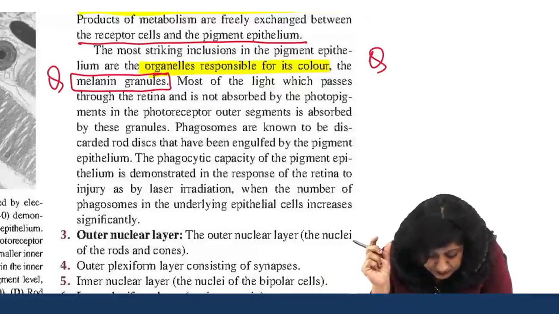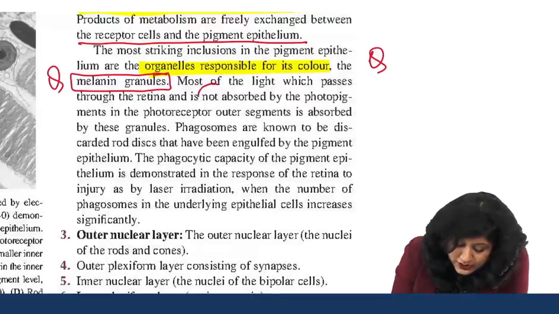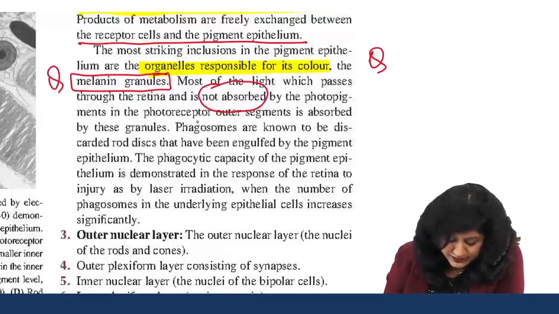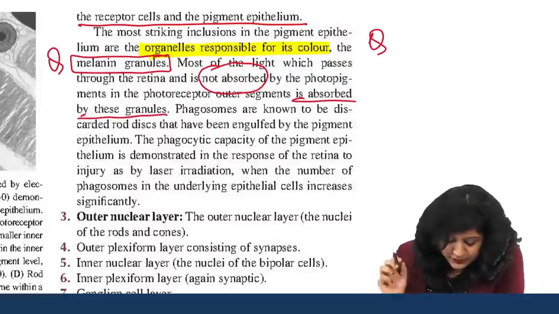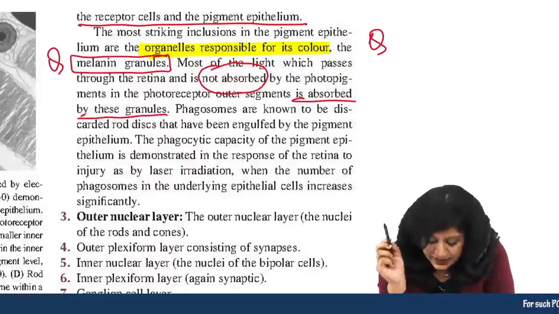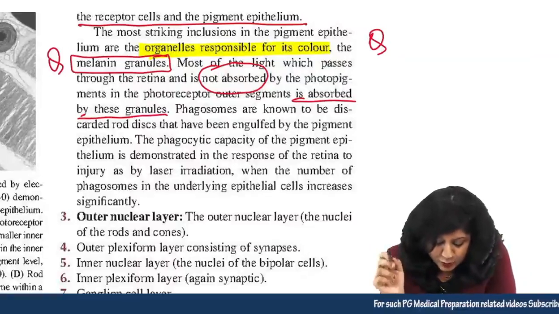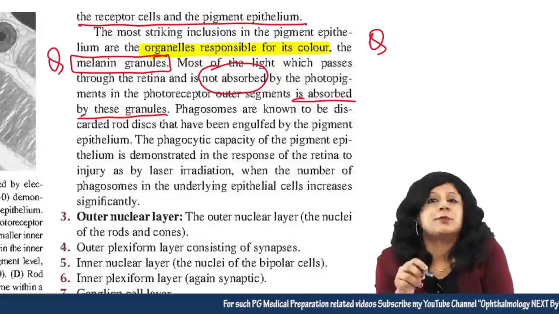Now most of the light which is passing through the retina is not absorbed by the pigments in the photoreceptors, and that is absorbed by these granules. What they are saying is that when light is passing through the retina and it is not absorbed by photopigments in the photoreceptor outer segments, it is absorbed by these granules.